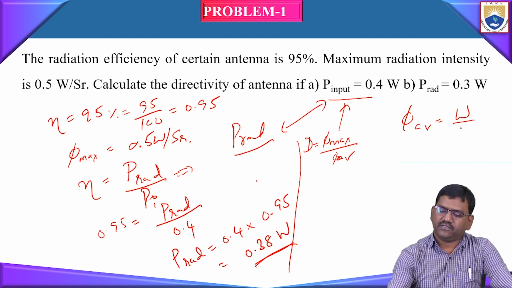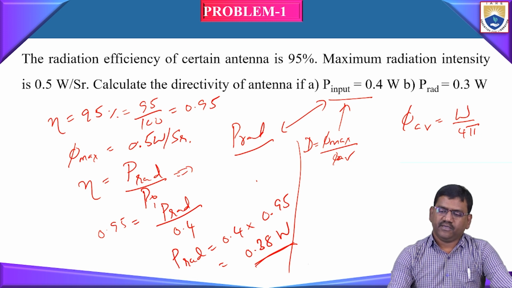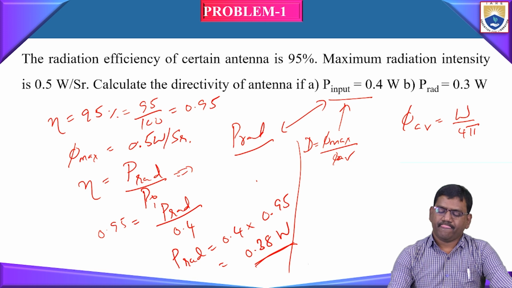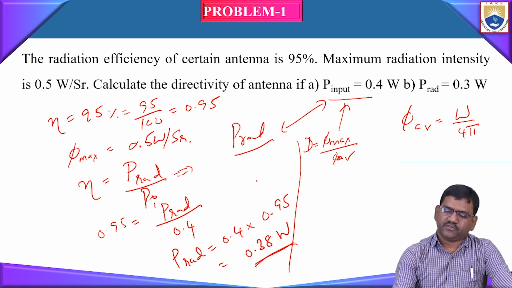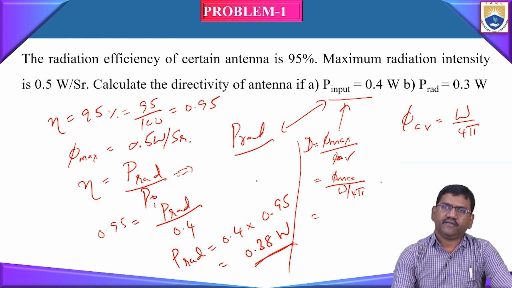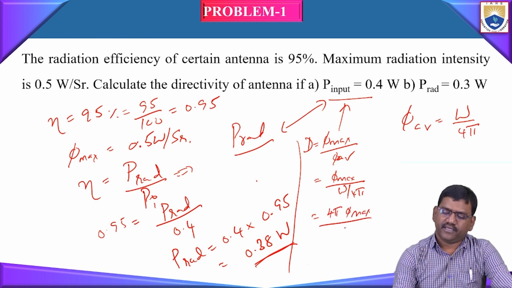Pi AV is equal to W by 4 pi. If you substitute this, you will get pi max by W by 4 pi. Since 4 pi is in the denominator, you can take it to the numerator: 4 pi into pi max by W.